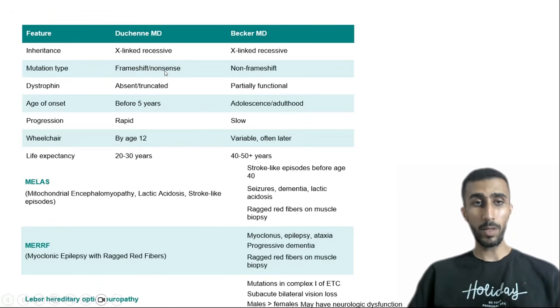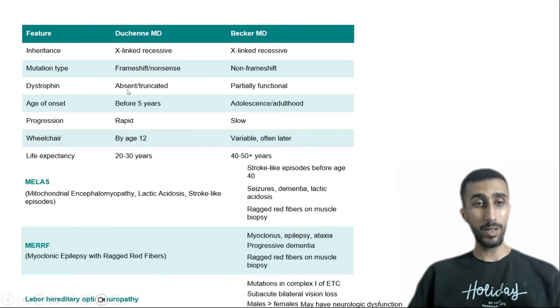Also, some forms of Duchenne muscular dystrophy are due to nonsense mutation. A nonsense mutation is going to produce a stop codon, UGA, UAA, UAG, and so on. So this is a stop codon. It is going to stop the protein, and this is a truncated protein. So either frameshift or nonsense, both of them will have catastrophic effects.